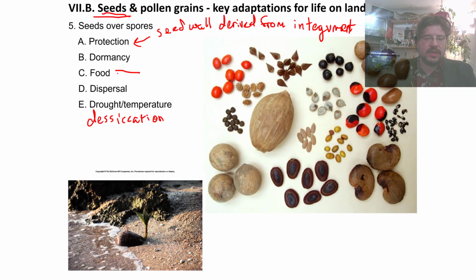Seeds also contain a source of nutrients, right? So inside the seed, we have an embryo, which is a multicellular offspring. Right? We are no longer just distributing a single cell. The embryo is actually multicellular. You can see the evidence of the roots, and we have the shoots, right?